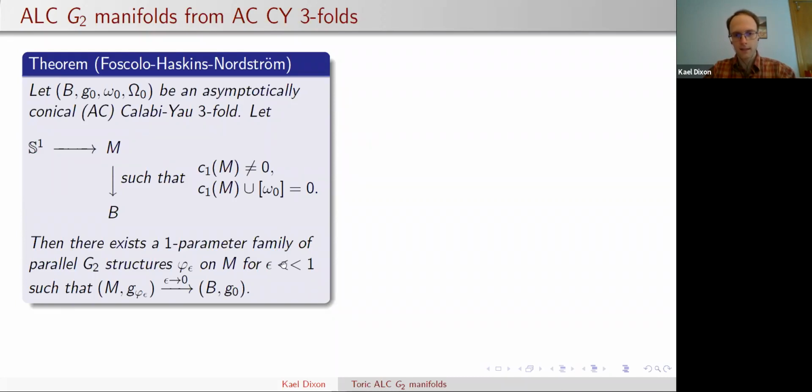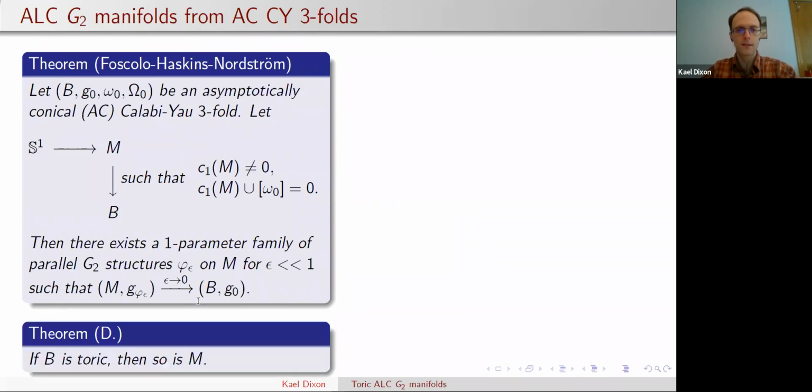And as the parameter epsilon goes to 0, you get a collapsing in the Gromov-Hausdorff sense to the base. So the point of this talk is basically if we insist that the base is toric, then the circle bundle you get is also toric.